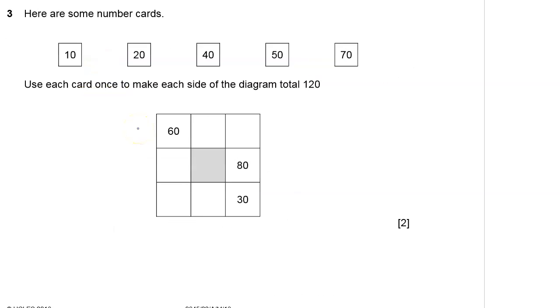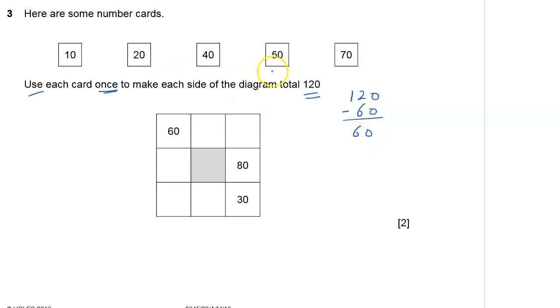Question number 3. Here are some number cards. We have 10, 20, 40, 50, and 70. Use each card once to make each side of a diagram total 120. All right. So we have 60. So we need to use two cards to get to 120. 120 take away 60 gives us 60.